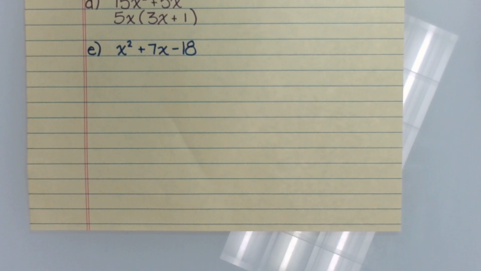What's the biggest thing that divides out of all 3 of those? Nothing. You cannot pull an x off because 18 doesn't have an x on it. 7 and 18 don't divide by anything in common, but even if they did, don't forget what number's hiding here. 1. Does 1 divide by anything? No.